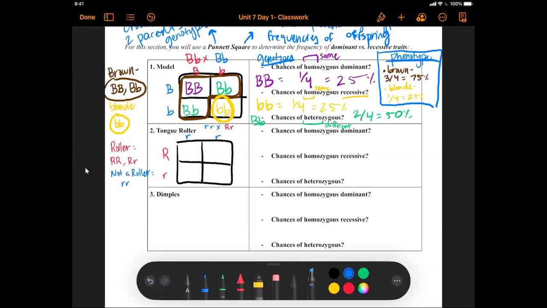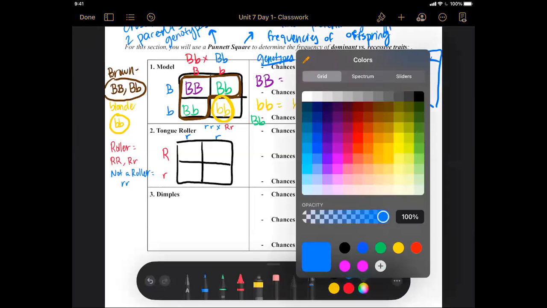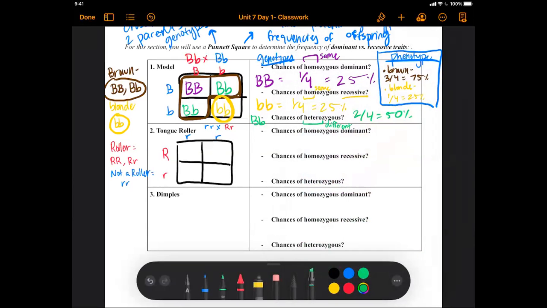So now let me call on, who have I not heard from yet today? Let me hear from Miles. When you crossed this top left box of our Punnett square, what did you get? Perfect. Miles got 1 big R, 1 little r. Okay. Our pizza, when you crossed the top right box, what did we get?